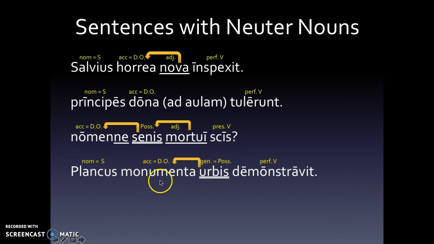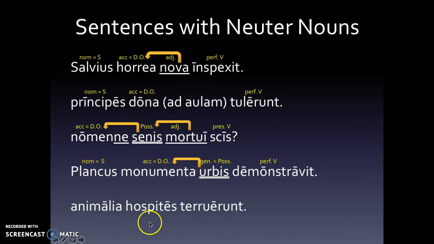And then you'll think to yourself, oh, okay, well, it ends in an A. What if it's a neuter noun? Then is it nominative or accusative plural? But again, Plancus has to be nominative, forcing this into the accusative. Another confirmation is that our verb is singular. You can't have a plural subject with a singular verb. So Plancus showed the monuments of the city, or you could say Plancus showed the city's monuments.